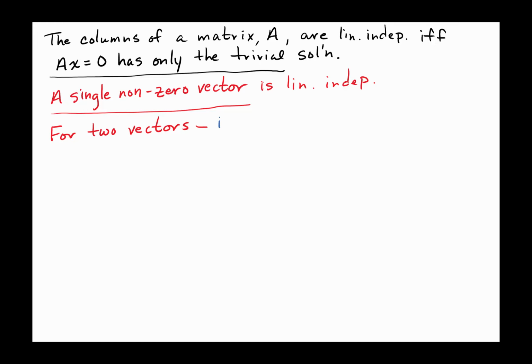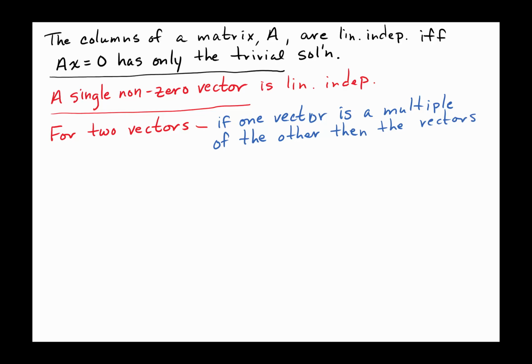If one vector is a multiple of the other, then the vectors are linearly dependent.